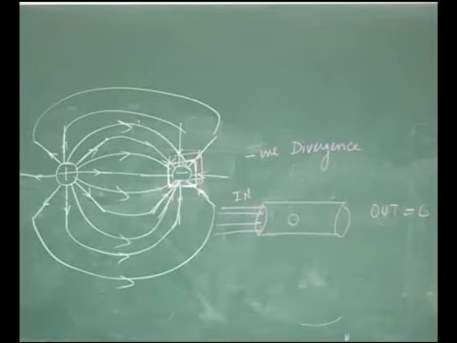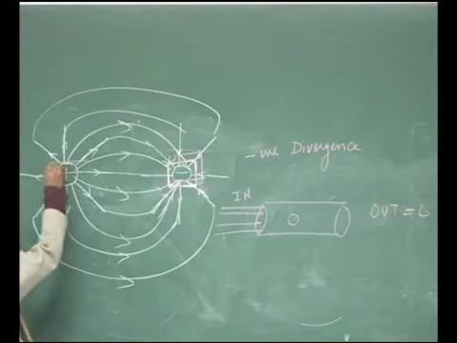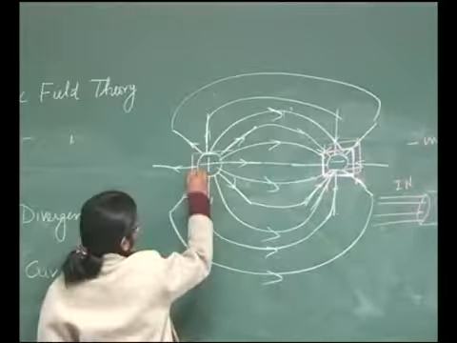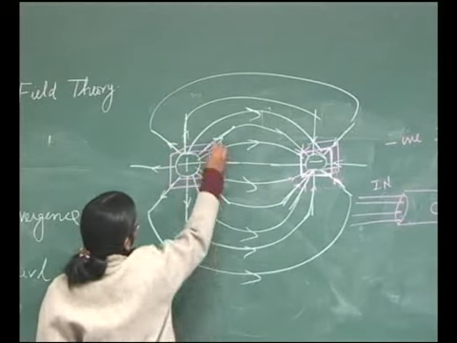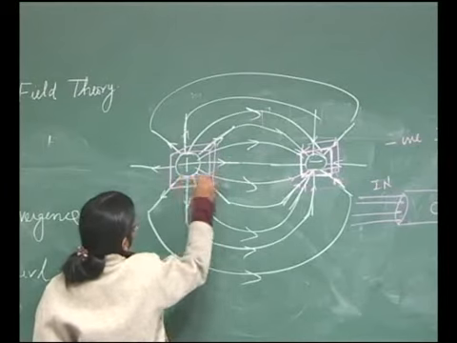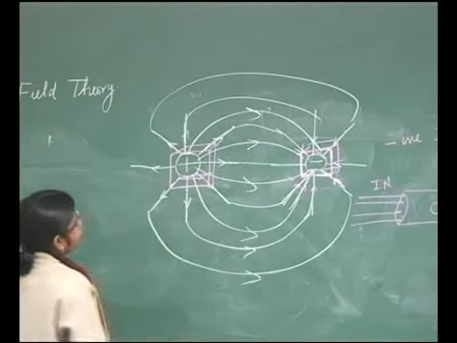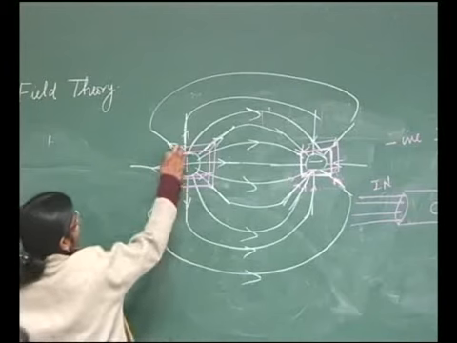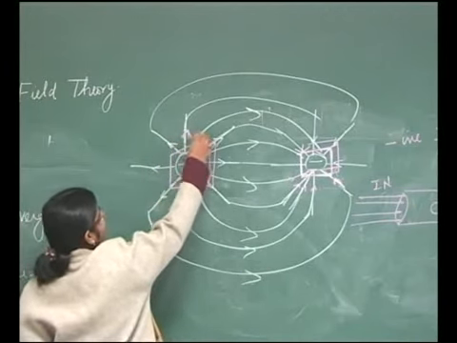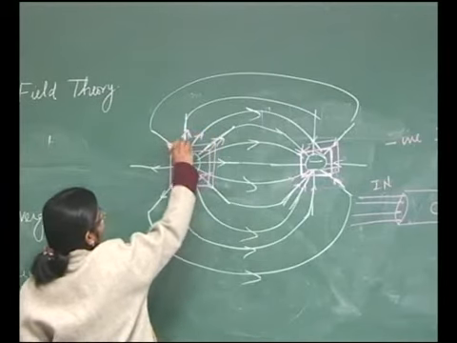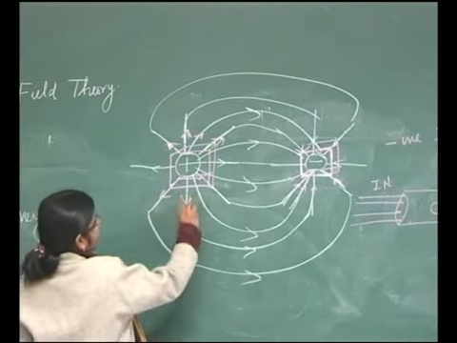On the other hand, I consider a small volume here, where the arrows are coming out like this.